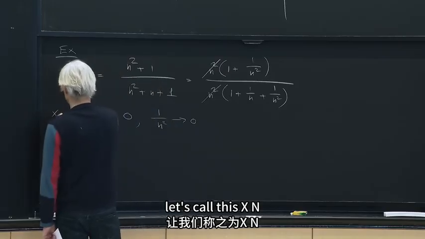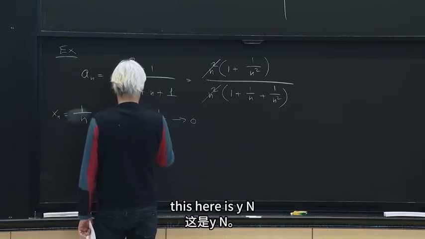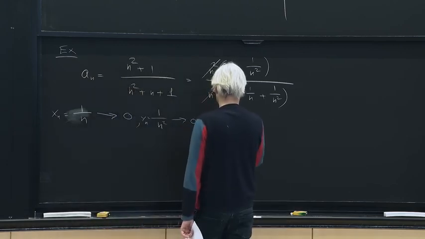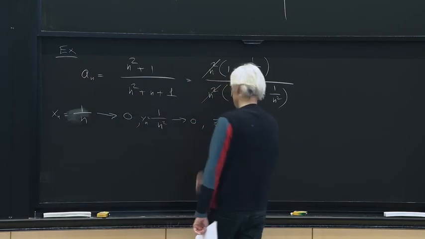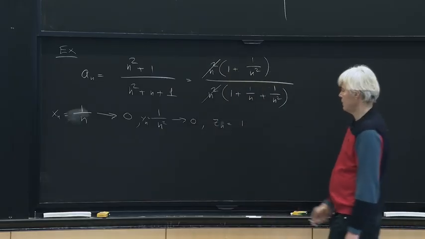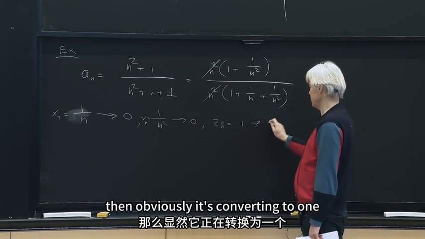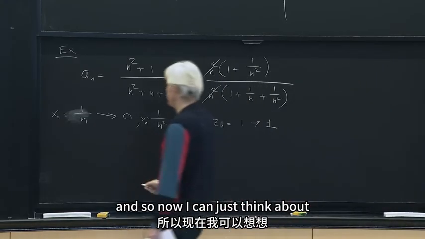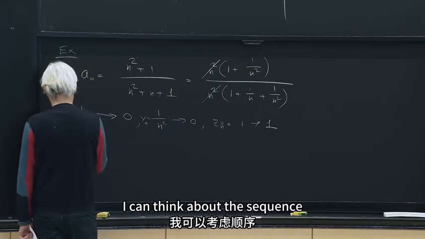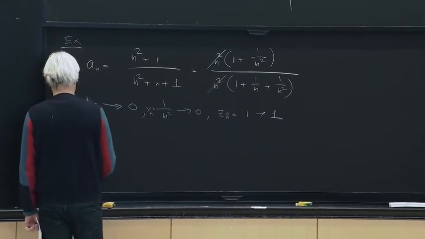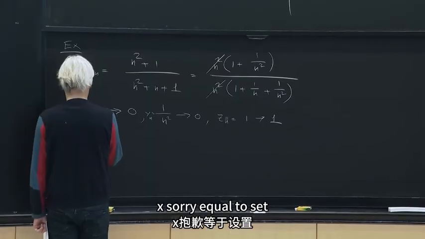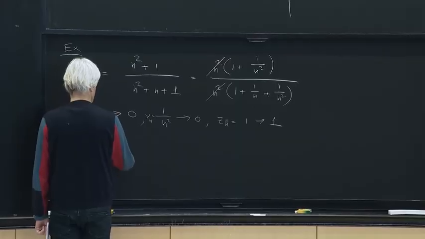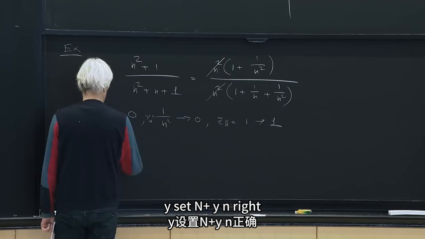Let's call this xn, this here yn, and zn. This is just going to be the constant sequence 1, and if it's constant 1, then obviously it converges to 1. Now I can define the sequence Bn to be equal to zn plus yn.